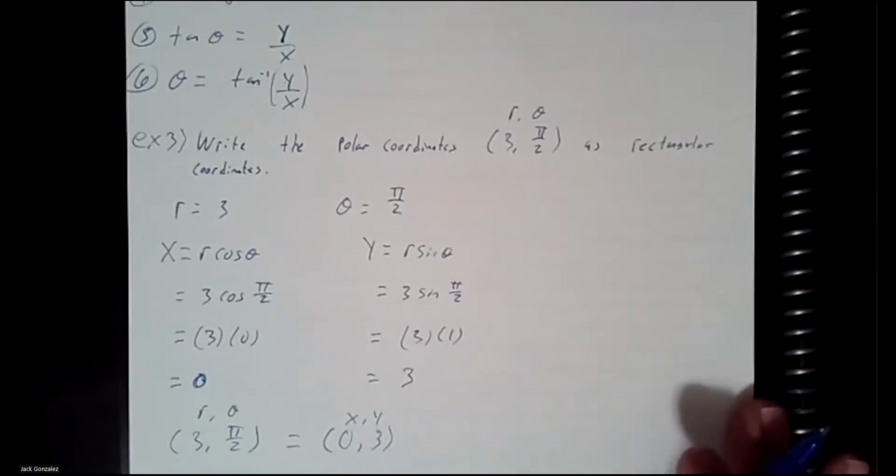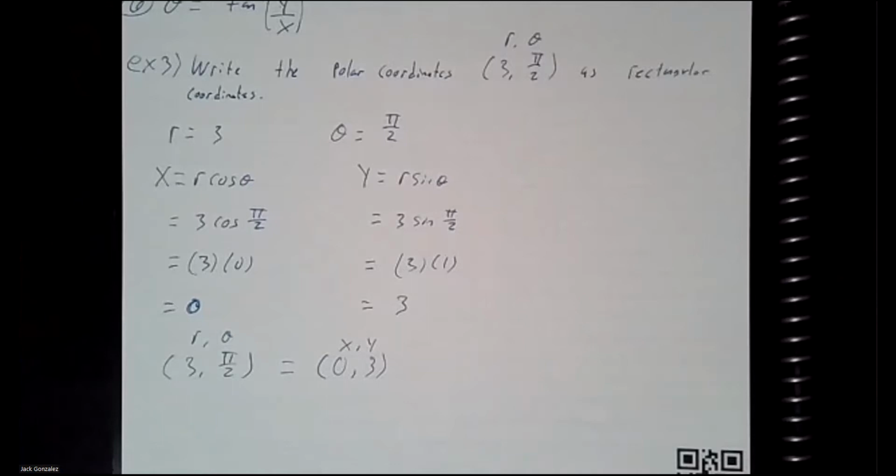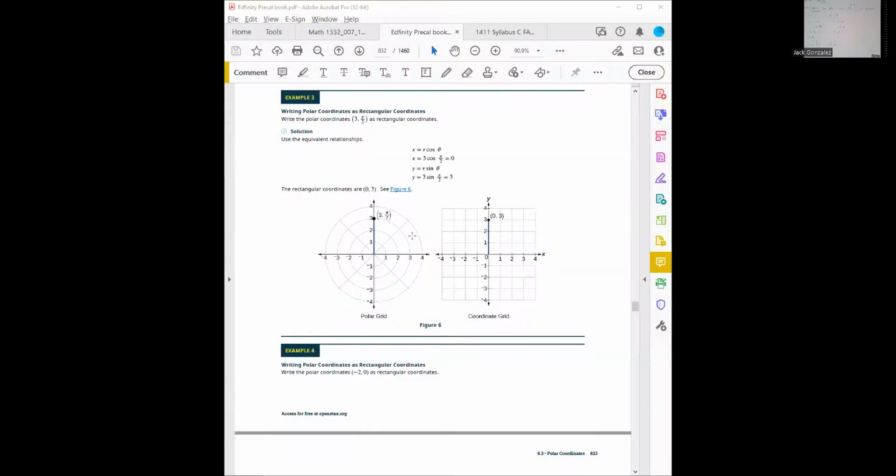So now if you plot this, you will see it's the same location. It's just represented differently. And check this out. Look at the PDF of the example, where you can see that if I graph it in polar, I go to pi over 2, like we did in example 1, and then the 3, you'd be right there. As you go up to pi over 2, and you go up 1, 2, 3.